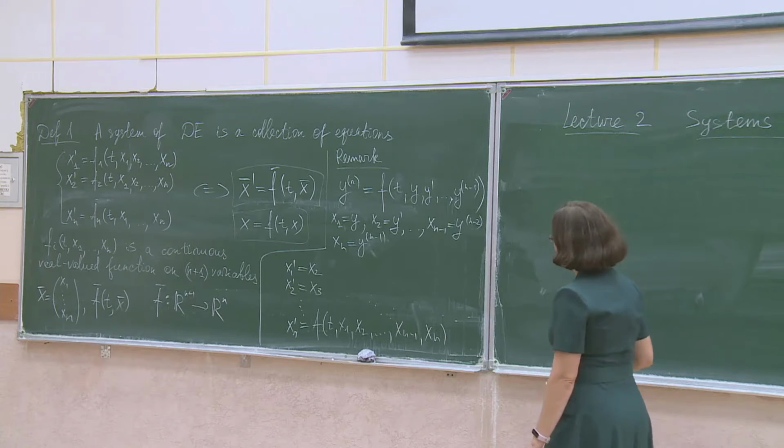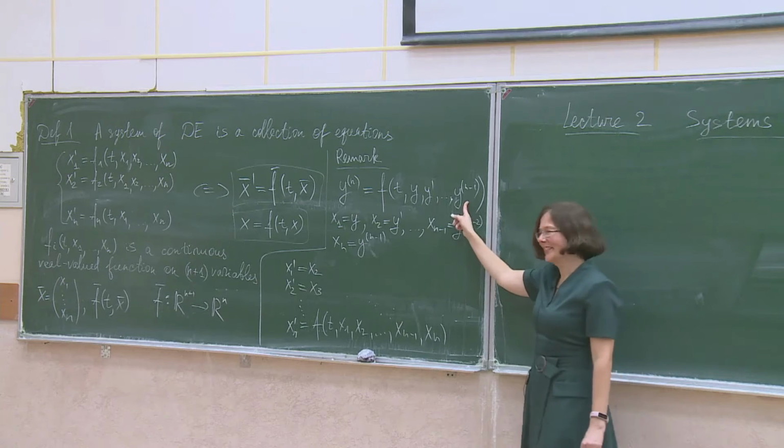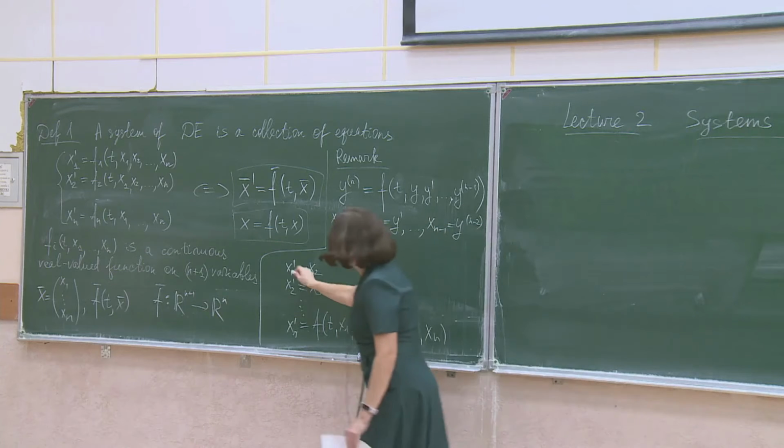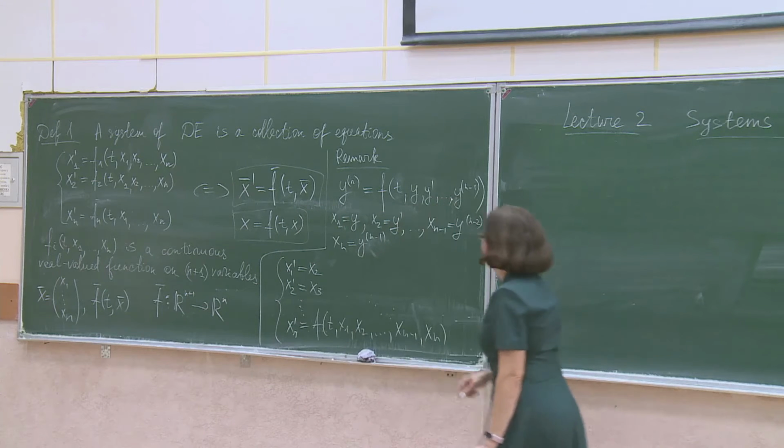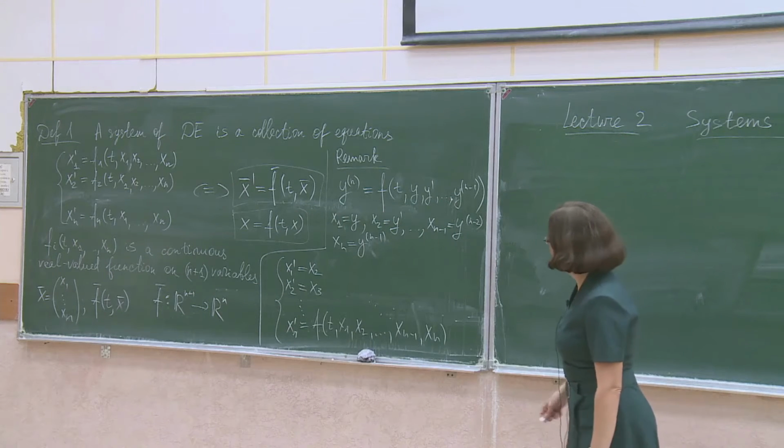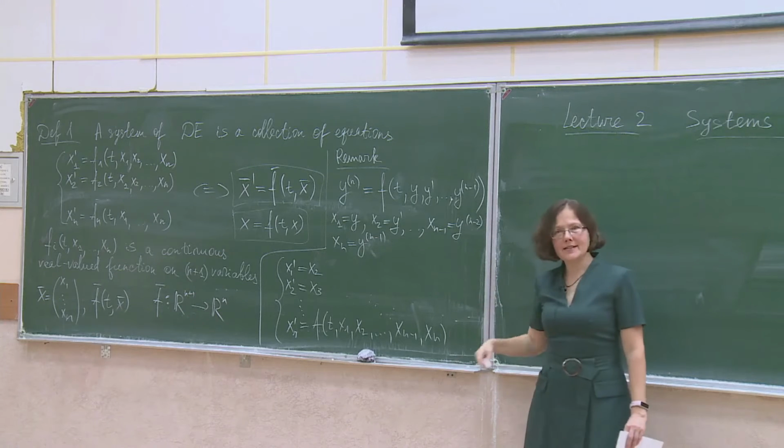Right, because this is xn. So this equation can be rewritten as a system.